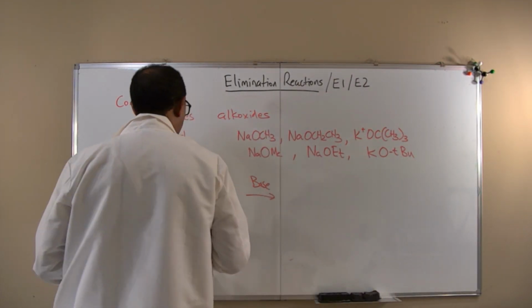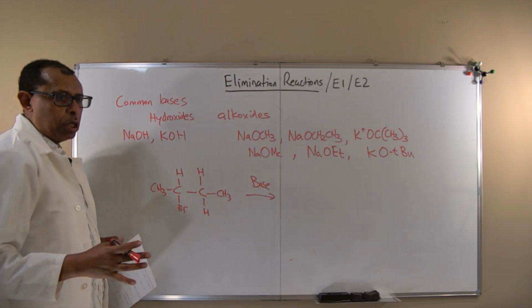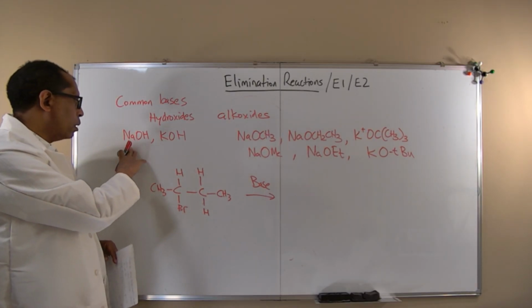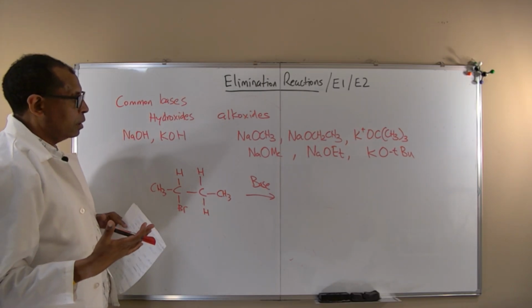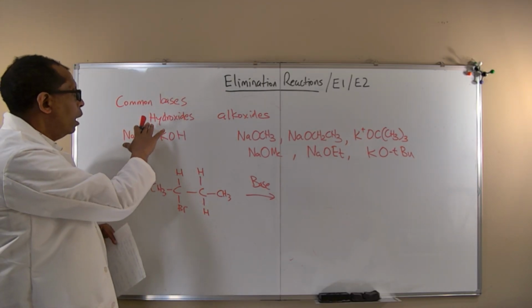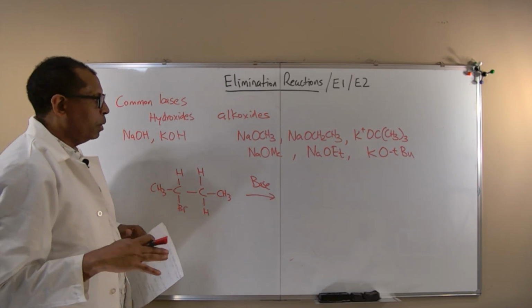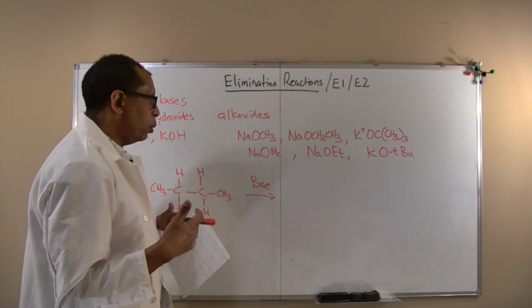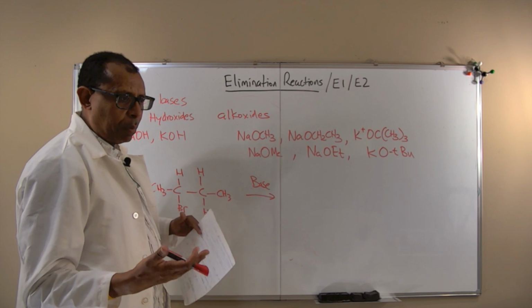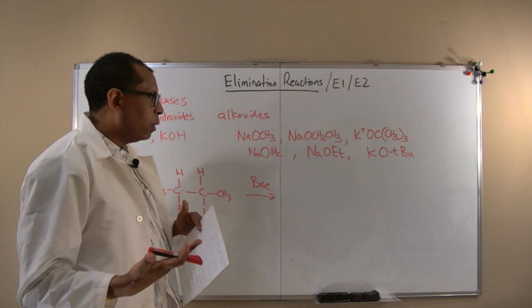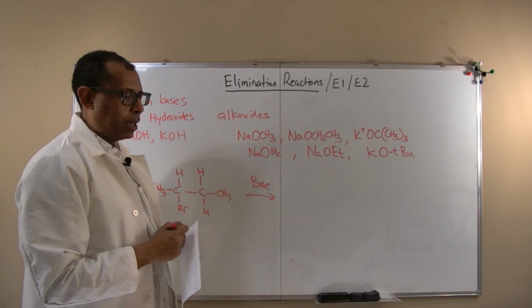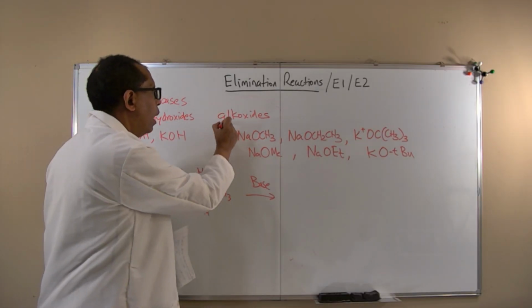So they are strong bases, and in elimination reaction we could use either sodium hydroxide or potassium hydroxide. These are the common bases that are being used. But when the base is formed from an organic compound, especially from organic alcohol, they are called alkoxides, not hydroxide, alkoxide.